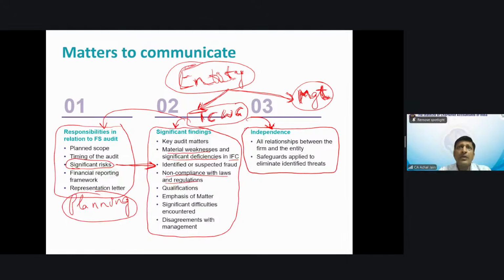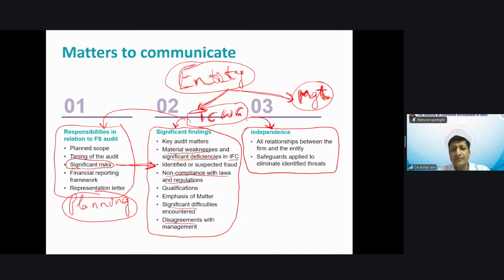Okay. So during the course of audit, suppose there are some significant difficulties, it may be related to any matter. Say there are some disagreements with the management. Now, all of these communications, where does the auditor go? Where are these supposed to be done?